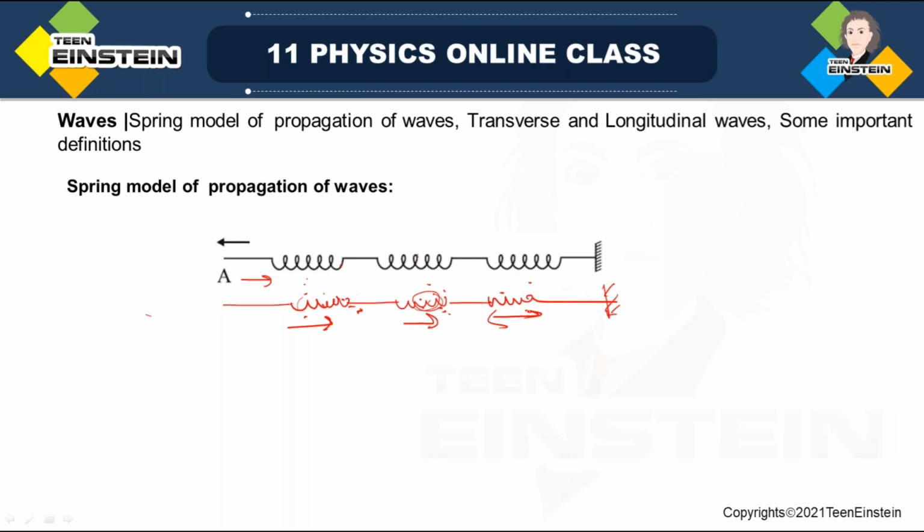So they will have some time delay. I mean to say, if you stretch this one, immediately this will not get stretched. After it gets stretched up to its elastic limit, then this will get stretched. Similarly, with spring 2, when this gets stretched maximum up to its elastic limit, then this one gets stretched again.